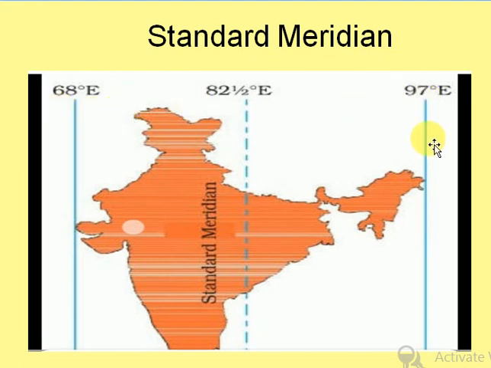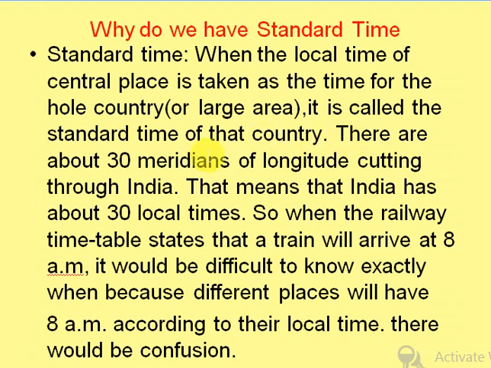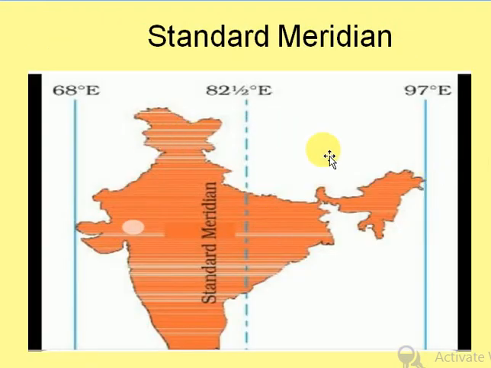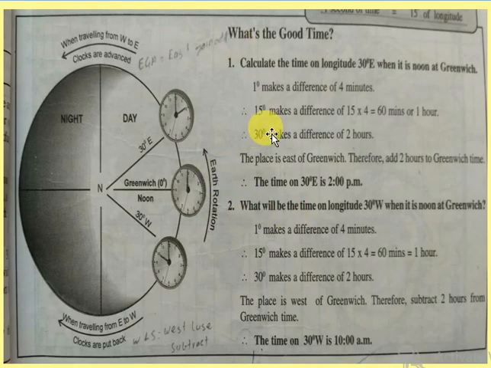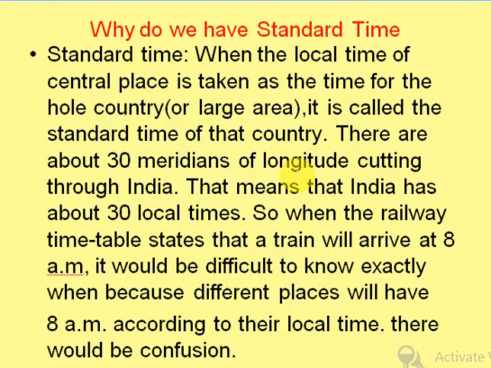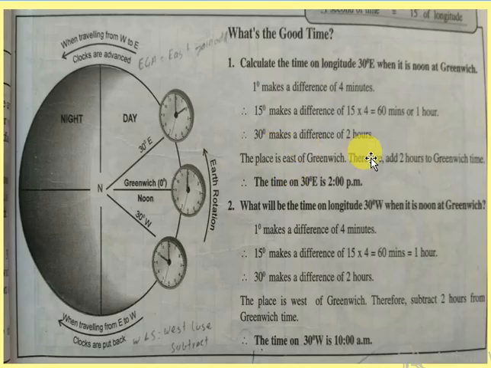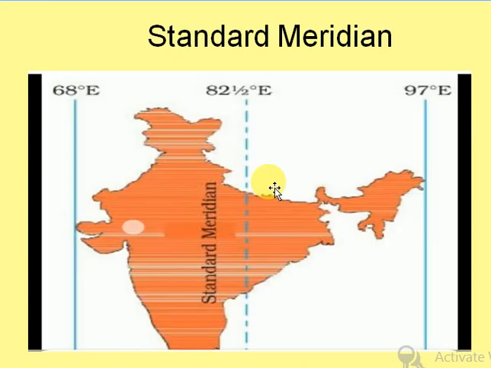Between these two points, around 30 longitudes are there. 1 degree is equal to 4 minutes, 15 degrees will make 60 minutes, around 1 hour, and 30 will make 2 hours. In the same way, here it makes a difference of 2 hours.